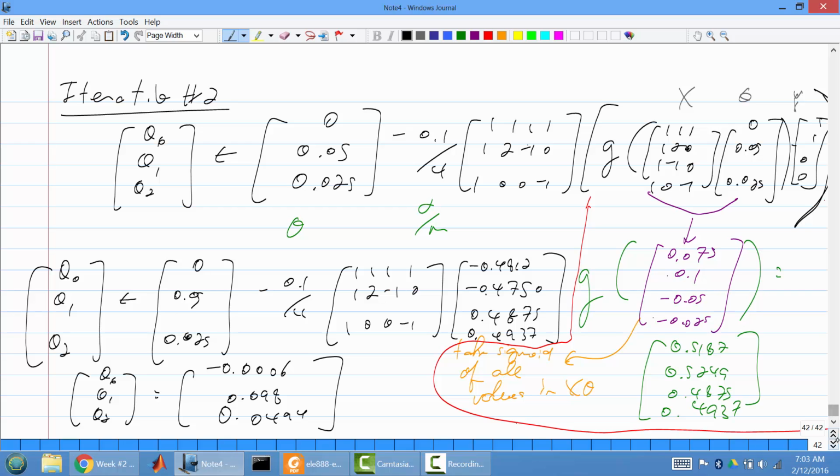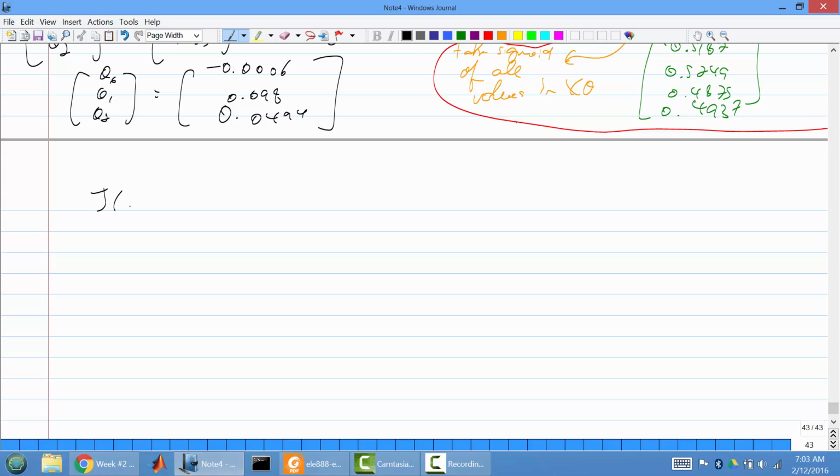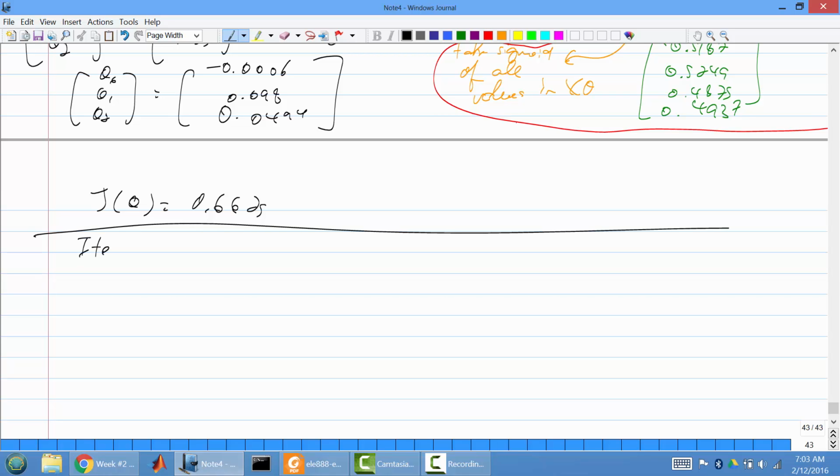Okay, so the cost function, I'm going to let you do that on your own. This is simply equal to 0.6625. And then the third iteration I'll also let you do on your own. There's no need to beat you over the head with computations.